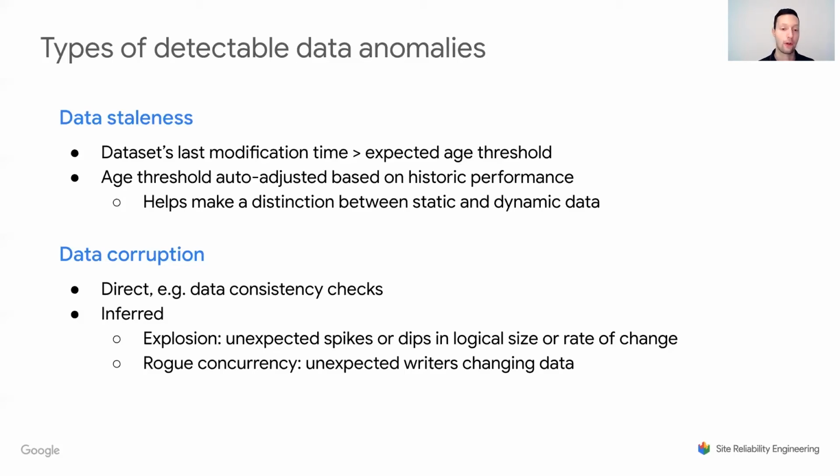Whereas for inferred detection, we're looking for data explosion, like unexpected spikes and dips in logical size or rate of change in a data set, or malicious concurrency or unexpected writes, the unexpected change patterns.